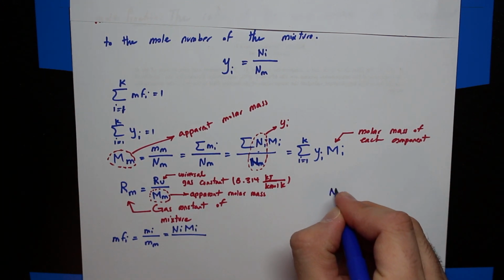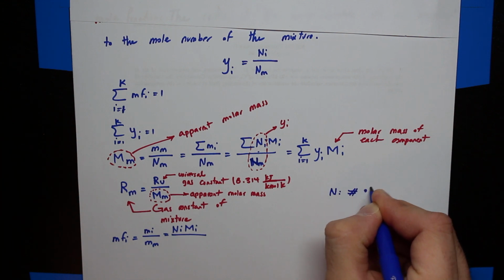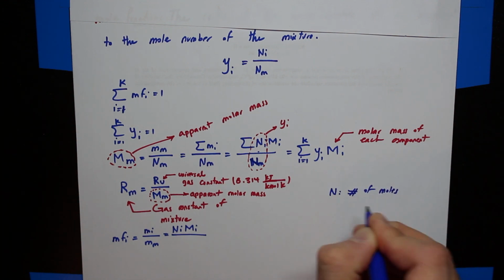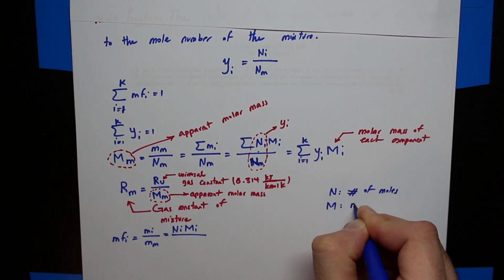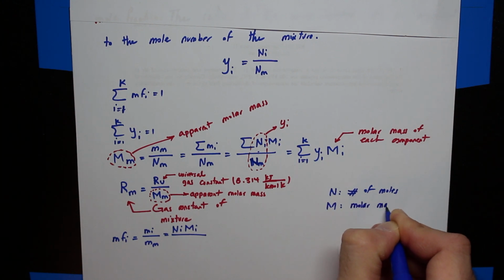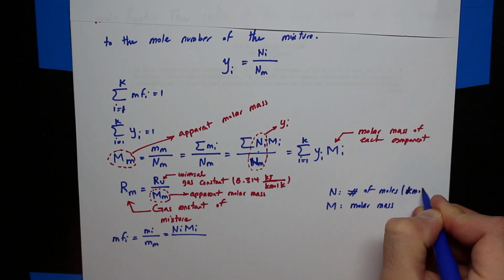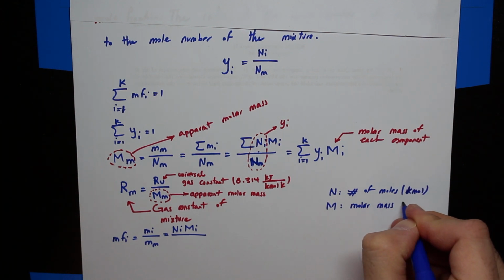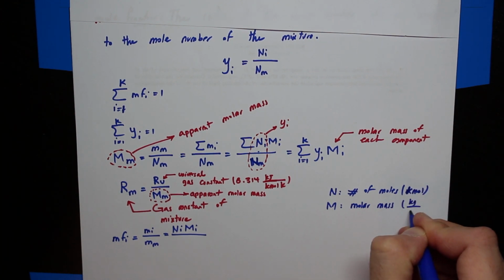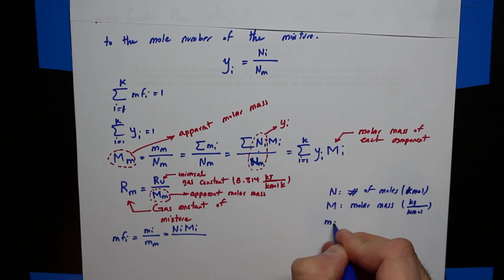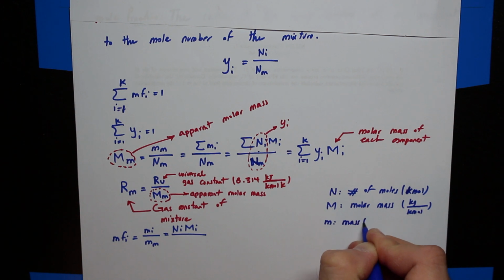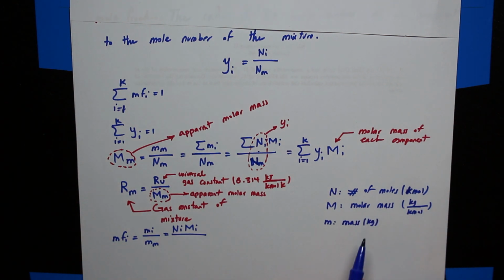So N in general is the number of moles, M is the molar mass. Usually we use kilomole, molar mass is kilogram per kilomole, and lowercase m is mass, kilogram. Well, we may use gram instead of kilogram, etc.